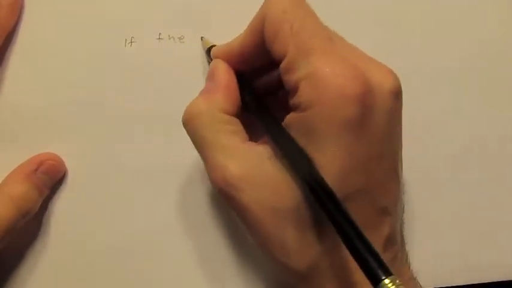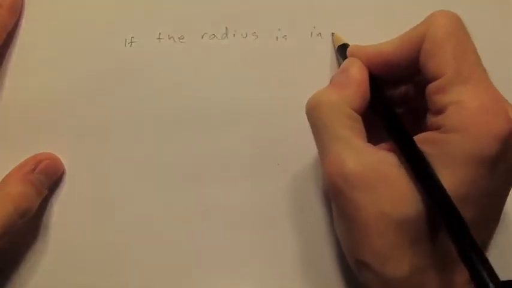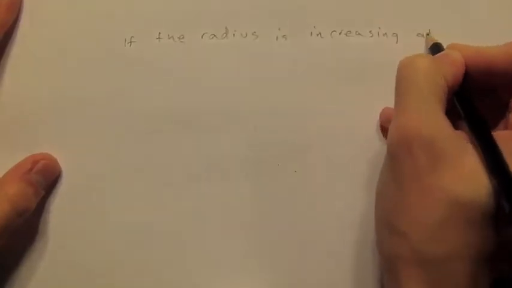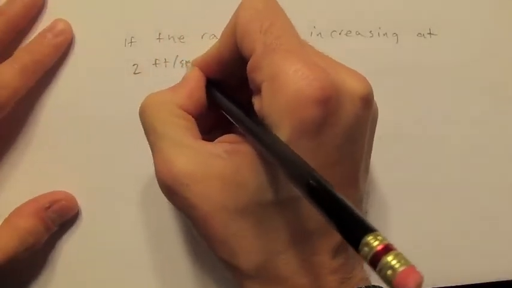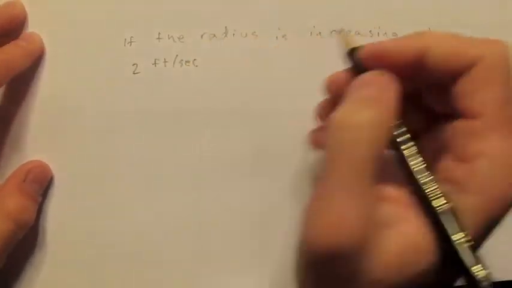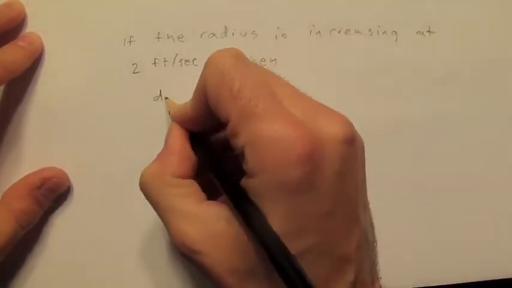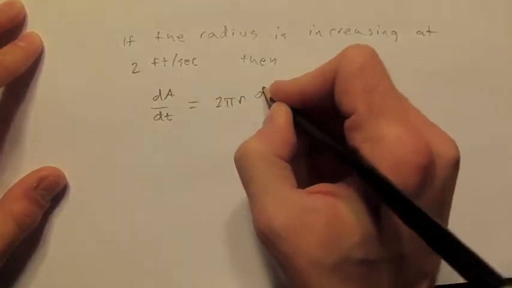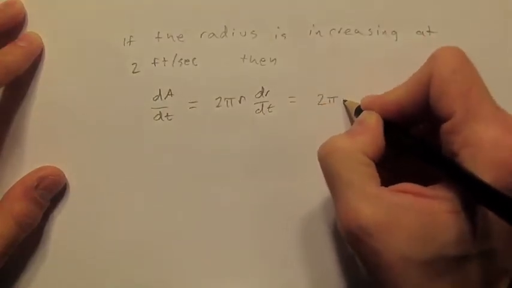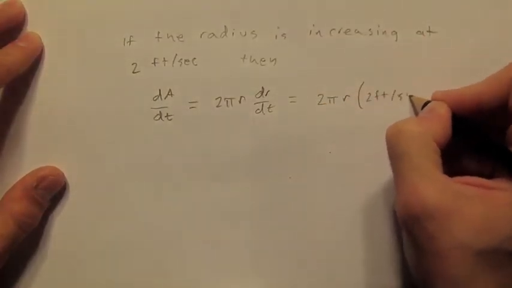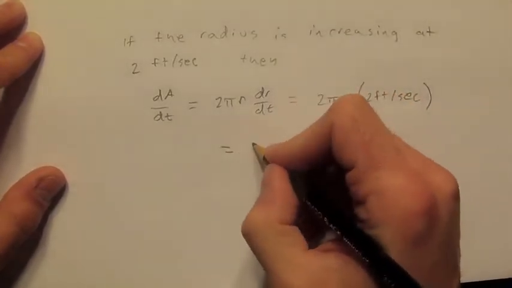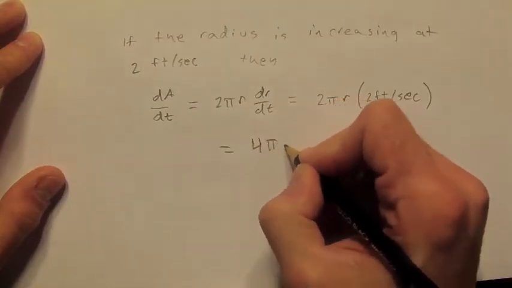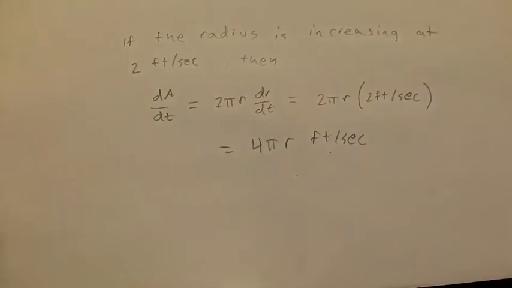All right, so for example, we need more information, because if I say the radius is increasing at, let's say, 2 feet per second, then the rate of the area is going to be 2 pi r dr/dt, which is 2 pi r times 2 feet per second, but we still don't have all the information, right?